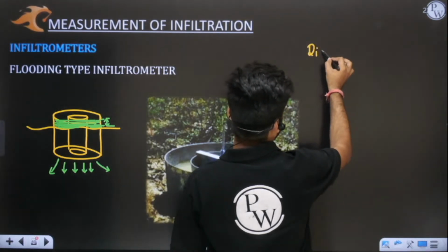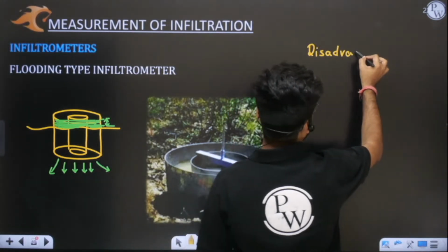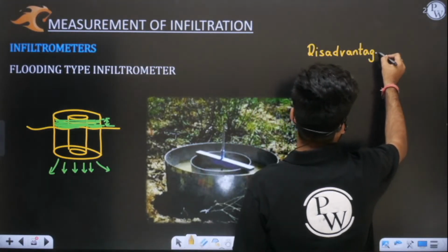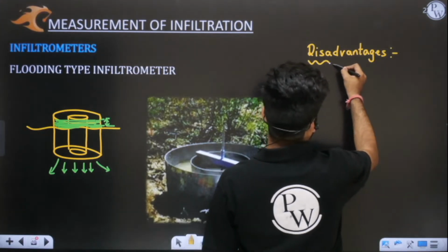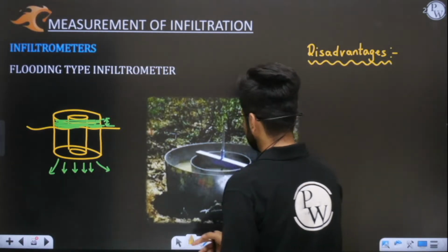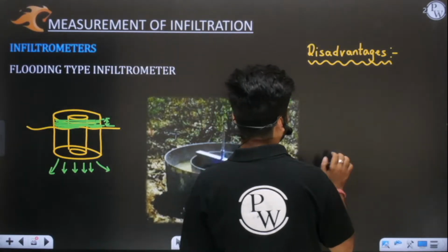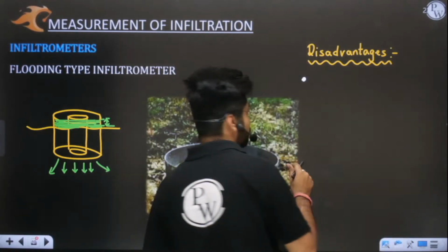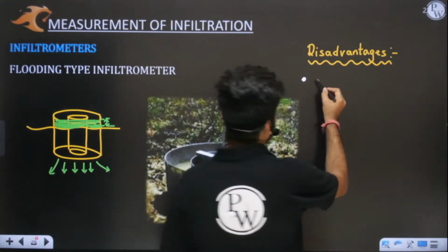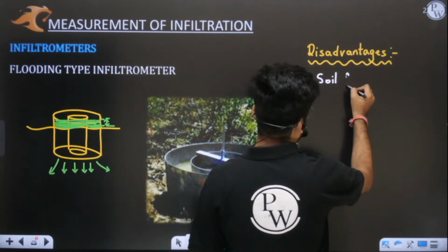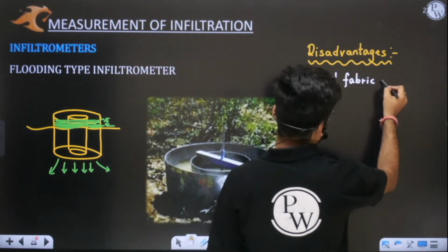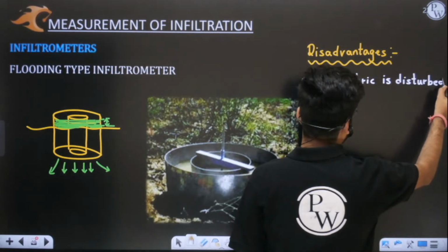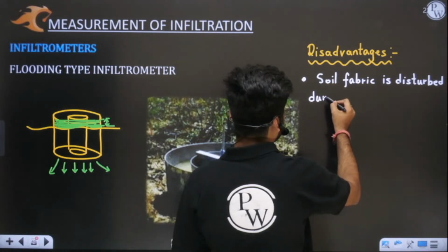What are the disadvantages here? So the very first disadvantage is that when this flooding type infiltrometer is installed, the soil fabric is disturbed. Basically I will write: soil fabric is disturbed during installation.